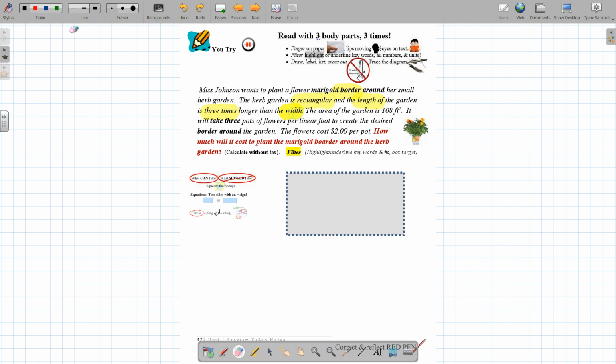When we want to plant the border, we're going to have 3 pots of flowers for every linear foot. So for every 1 foot, we want to buy 3 pots of flowers. Notice I'm making physical diagrams. 3 pots of flowers for every 1 foot. That's for the border. And they cost $2 each.